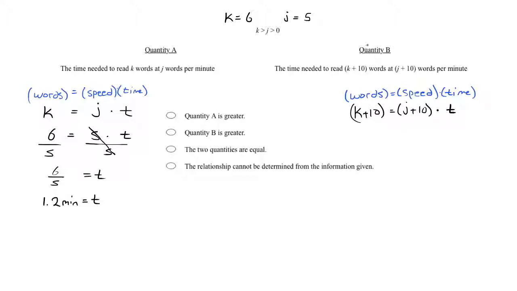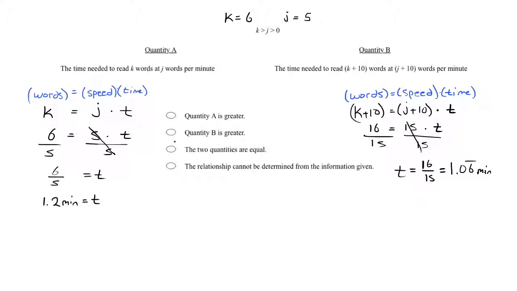At this point you'd like to plug in our 6 and our 5, so that this becomes 16, and this becomes 15, times time. So we divide both sides by 15, and we conclude that the time is equal to 16 over 15 minutes, but the calculator says that 16 divided by 15 is actually 1.06 repeating minutes.